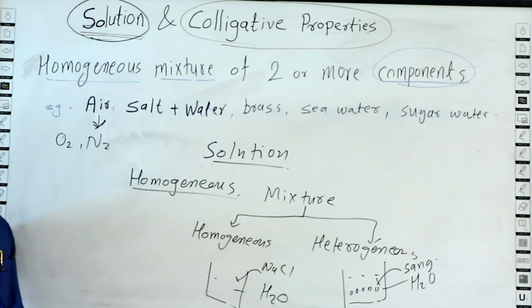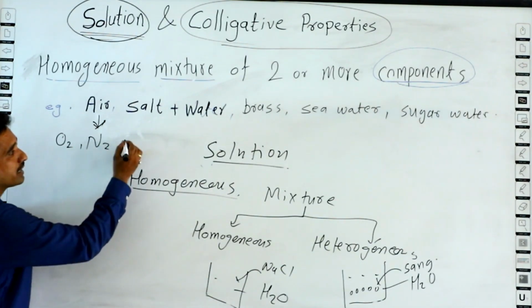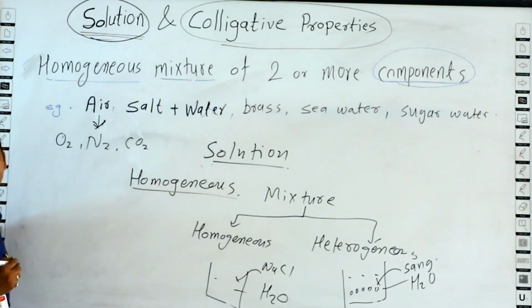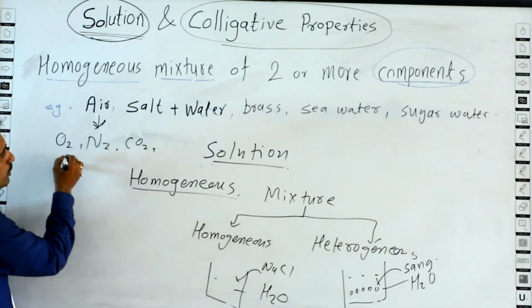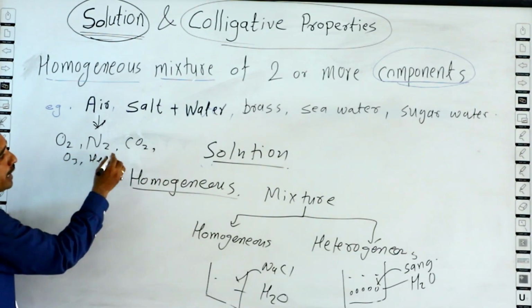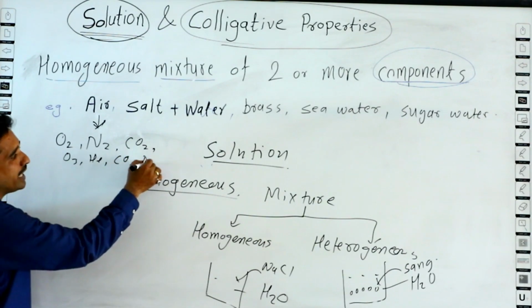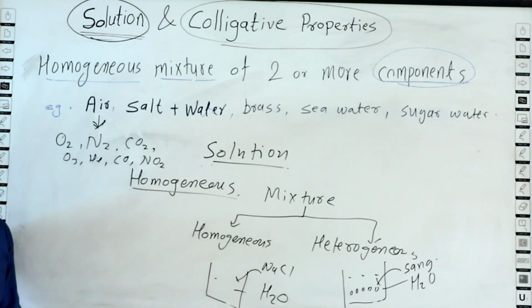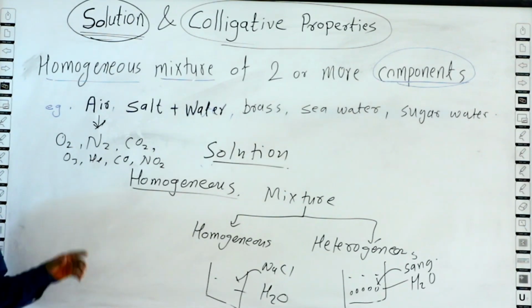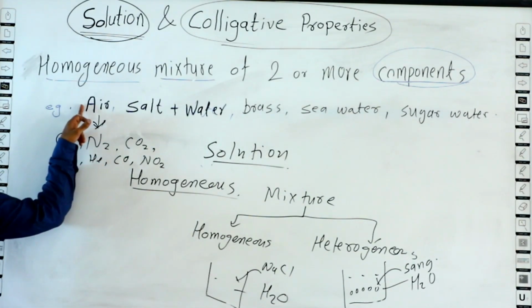The third component, which is given out by our respiratory system, is carbon dioxide. There are also some ozone, helium, carbon monoxide, nitrogen oxide, and so on. These types of various gases are present in the air.